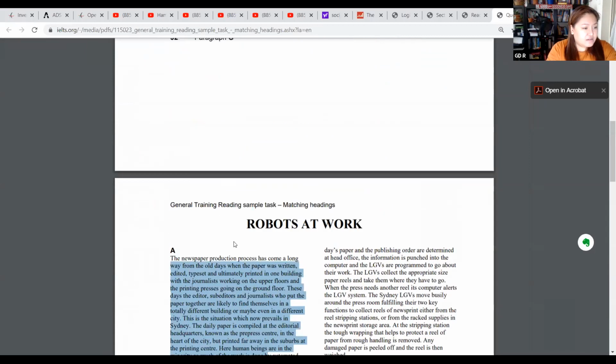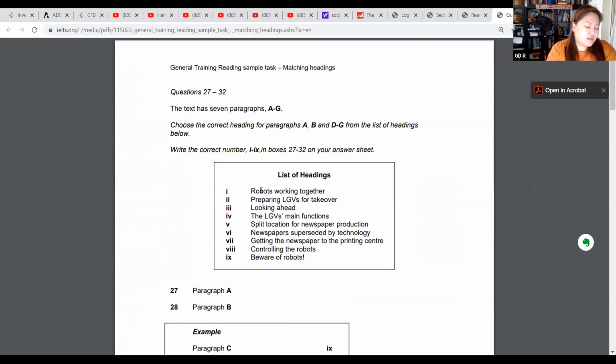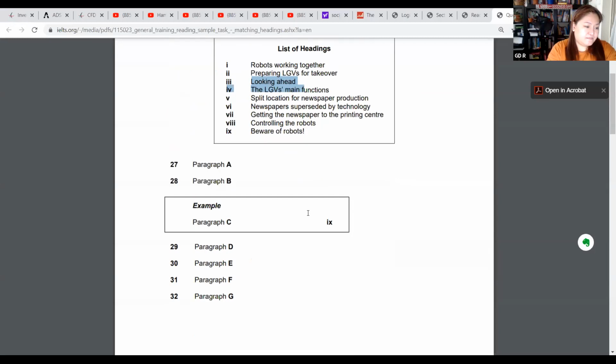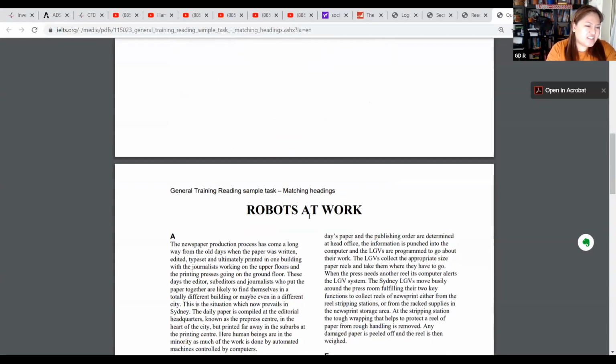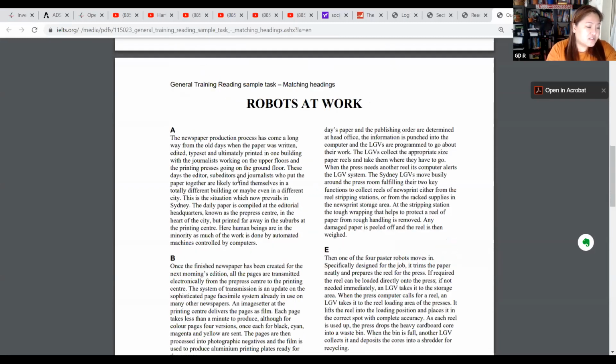Then from there, you check, does the paragraph talk about robots working together, or does the paragraph talk about preparing for takeover, looking ahead, like that. So that's the trick. I know it's a bit difficult, but you just need to read the first and the last so you can have a general idea of what the topic is. But if you're not used to that, unfortunately, you need to read everything.